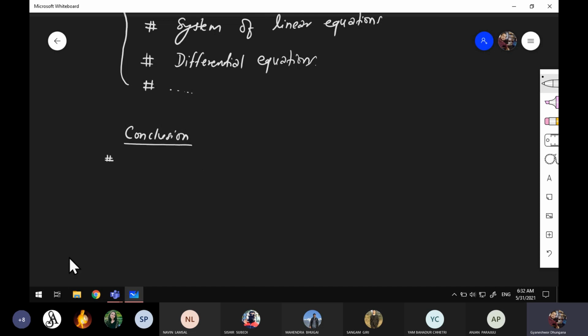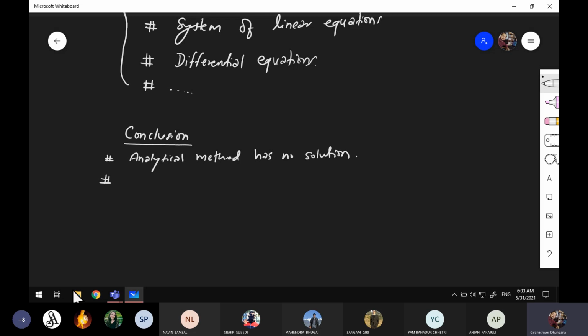The first is, the analytical method has no solution. If the analytical method cannot give the solution of the problem, the numerical method is applicable.